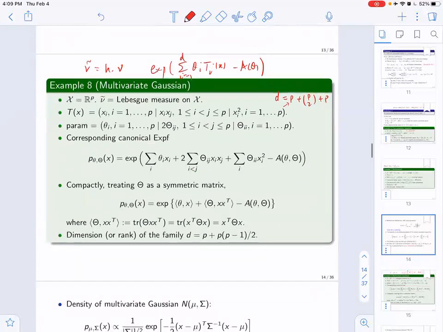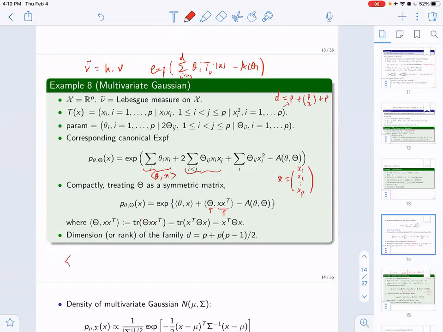Then you can write this in a more compact fashion using some matrix notation. This part I can write as the inner product of theta and x, where x is the vector x1, x2 up to xp. And this one I'm writing as the inner product of a matrix with another matrix. The inner product for these objects is defined as the trace of theta times this. These are symmetric matrices.